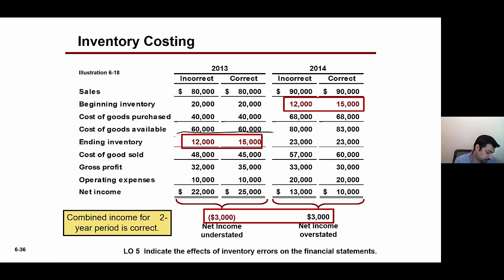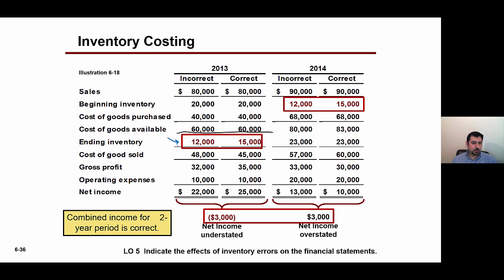So cost of goods sold will be simply the beginning inventory plus purchases, the information of which we can look at from the purchases, from the invoices, etc.